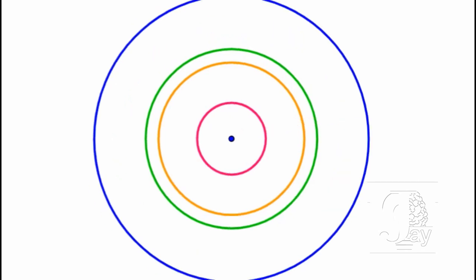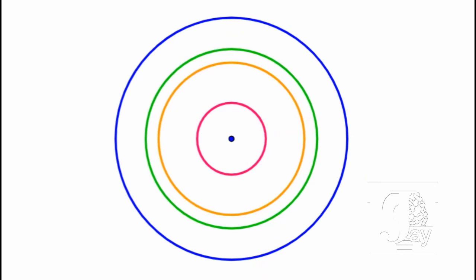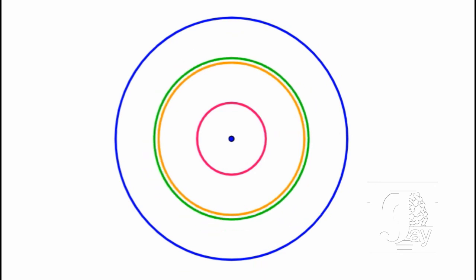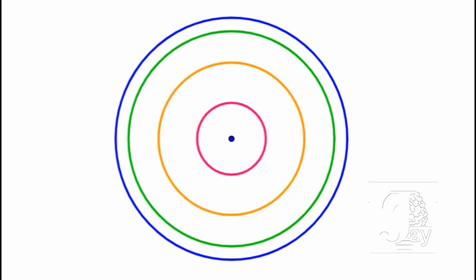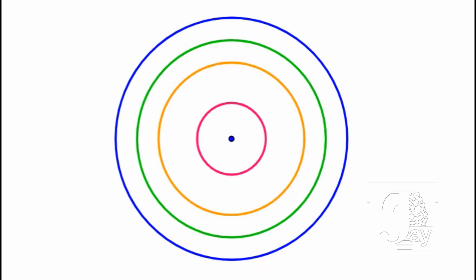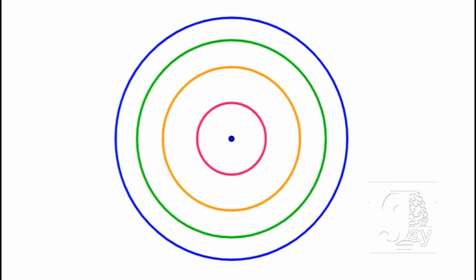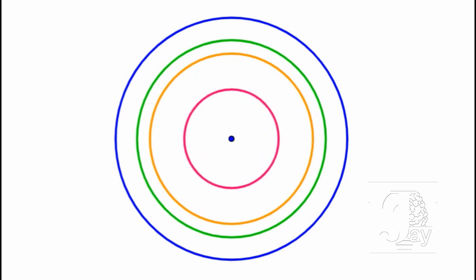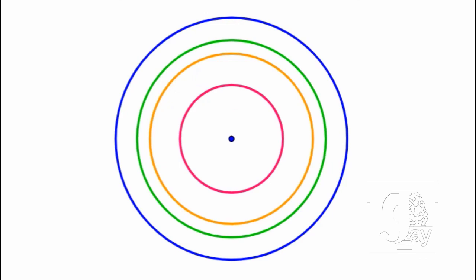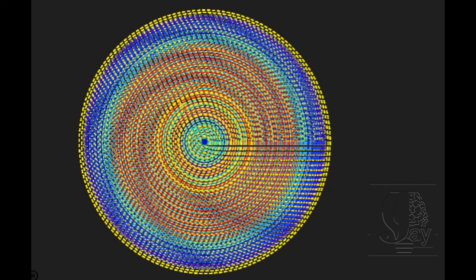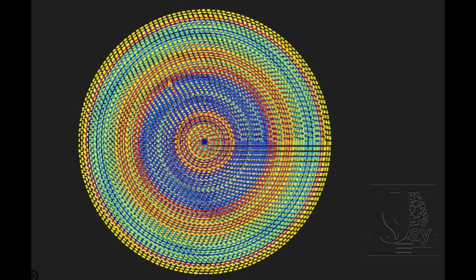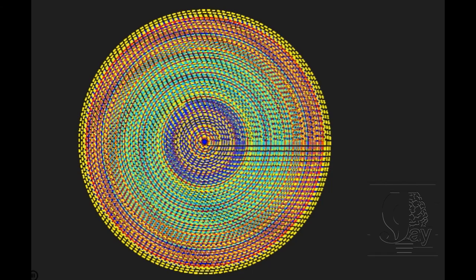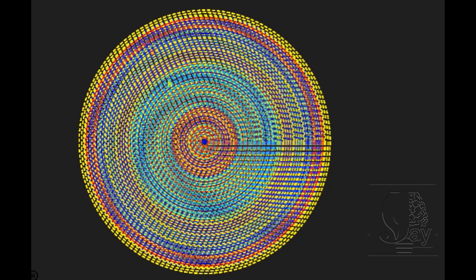The outermost circle, the green circle, the yellow one, and the innermost circle, all having the same center. In this animation, we can see a beautiful illusion effect of concentric circles.